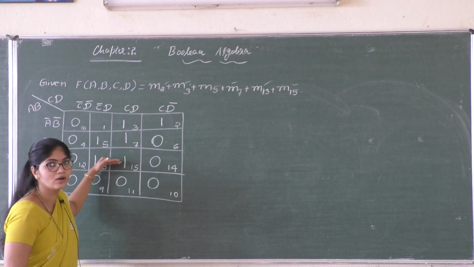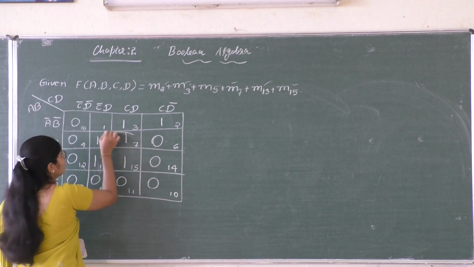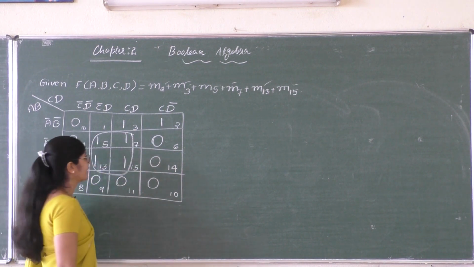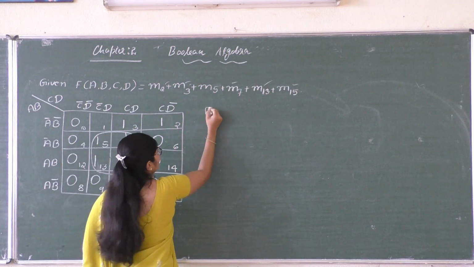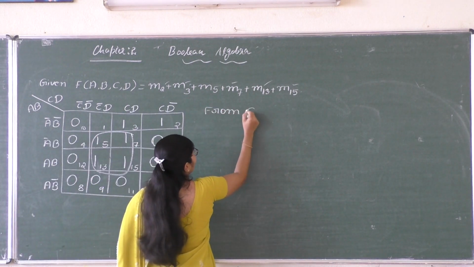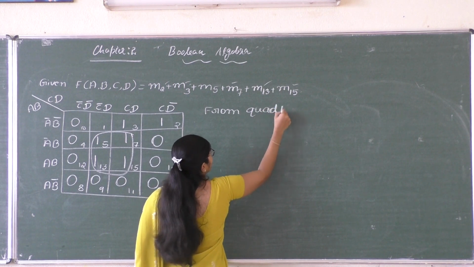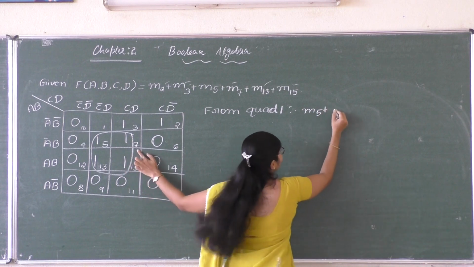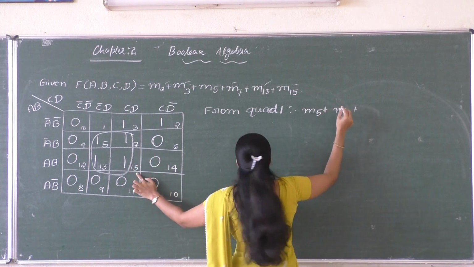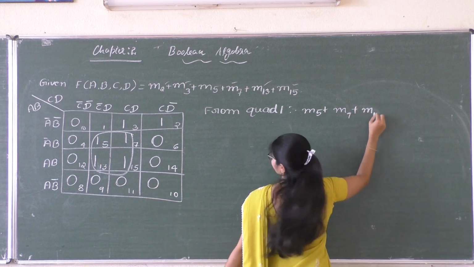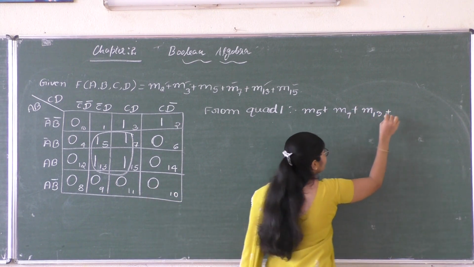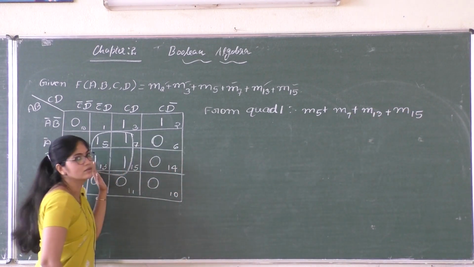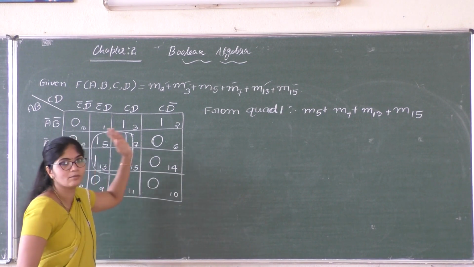Next, search for quads. Yes, there are 4 adjacent ones, so using those ones we can form a quad. Quad 1, that is by using the 5th square M5, 7th square M7, 13th square M13 and 15th square M15. So using the ones in these squares we can form a quad.